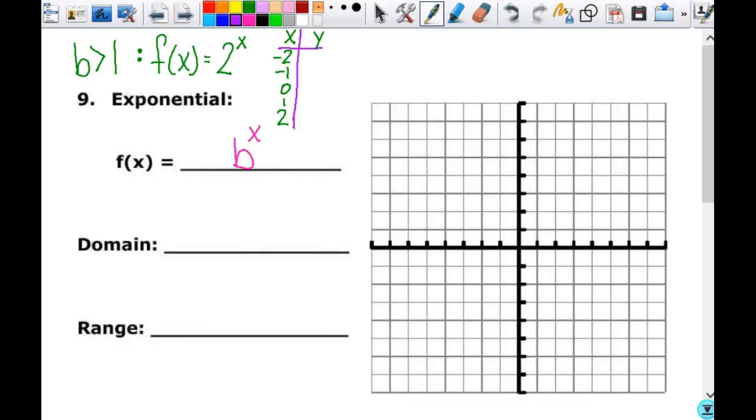Okay? And then, I'm still using my pencil here. We're going to do one where, oops, that is not my pencil. Green is my pencil. We're going to do one where b is between 0 and 1. And for that one, we're going to do f of x is equal to 1/2 to the x.